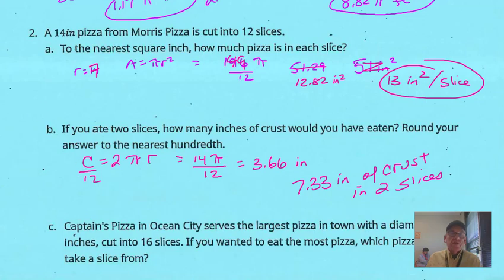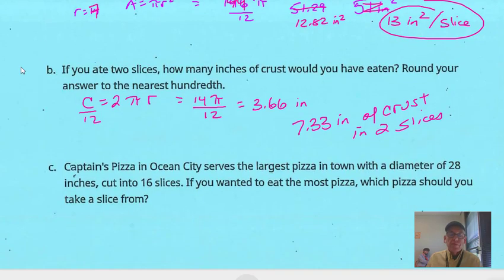Let's look at C. Captain's Pizza, Ocean City. Diameter is 28 inches. A 28-inch diameter is a 14-inch radius. And it's cut into 16 slices. And basically we're going to compare slices.